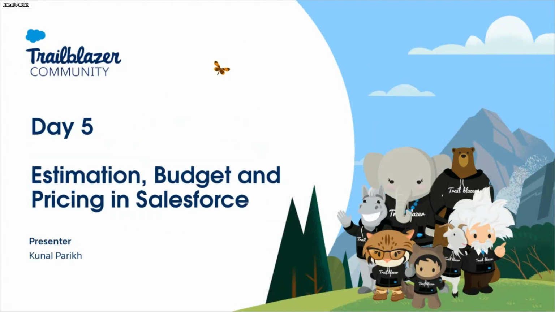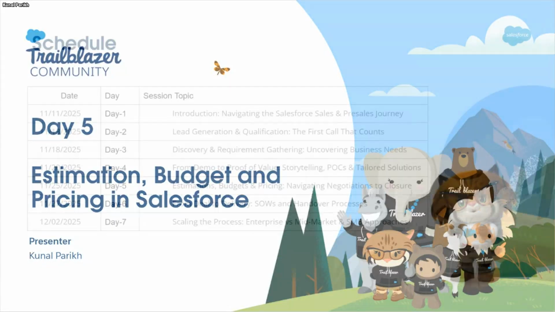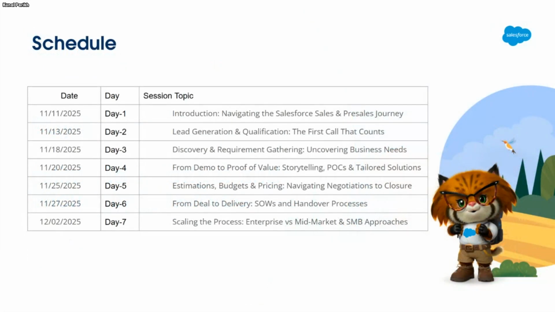So today, we started with what the sales process is, what pre-sales is, then we understood the overall lead generation process as well as the qualification. On Day 3, we got an overview of discovery and requirement gathering, and what needs to be done to handle the overall discovery call.